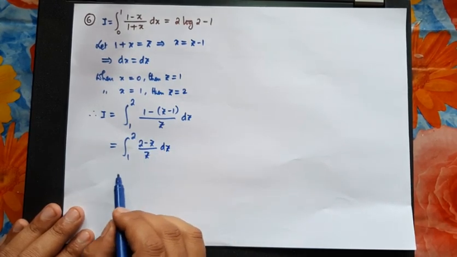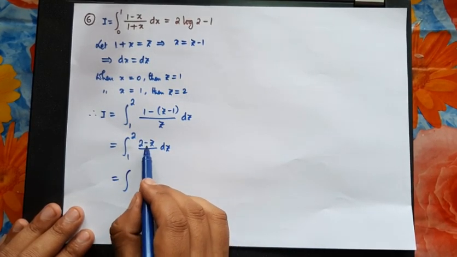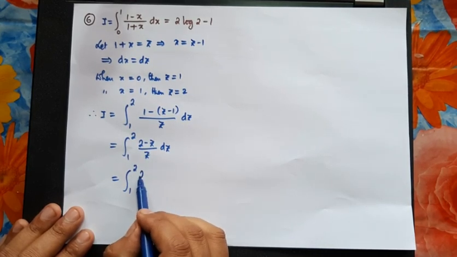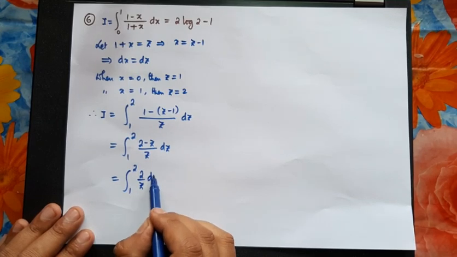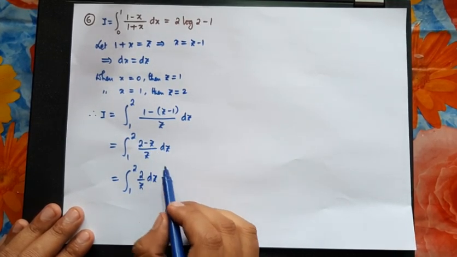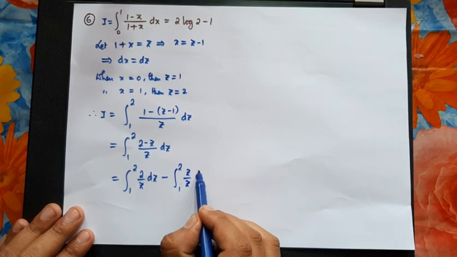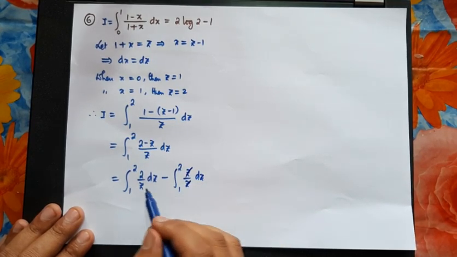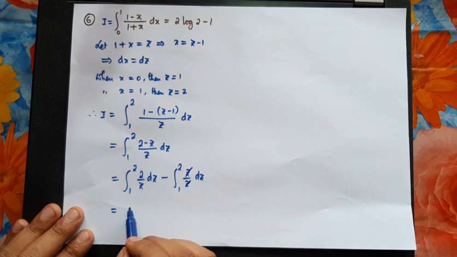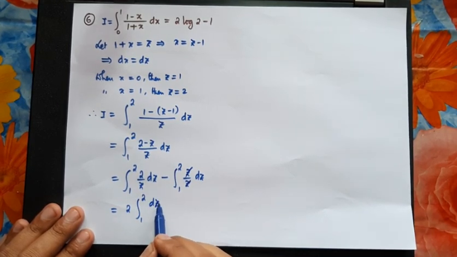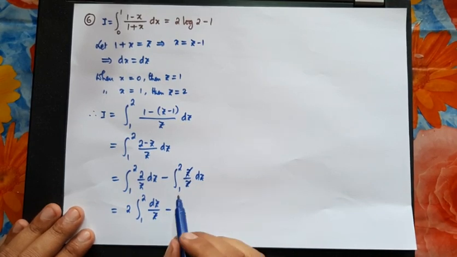Okay, so after I split this I'll get integral 1 to 2, 2 by z dz, minus integral 1 to 2, z by z dz. So z and z get cancelled, so this is integral 1 to 2, 2 dz by z, minus integral 1 to 2 dz.